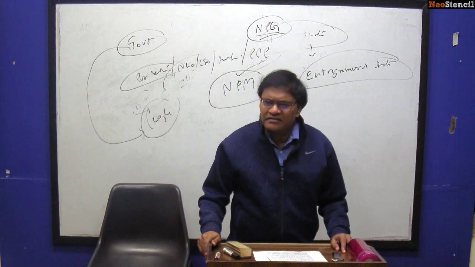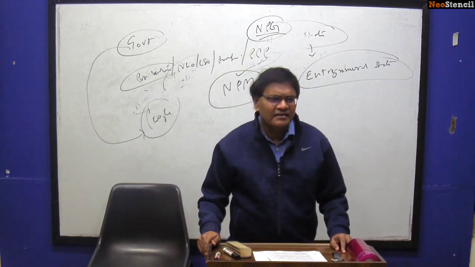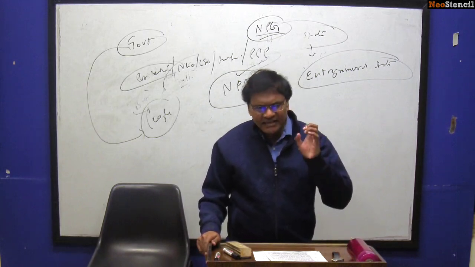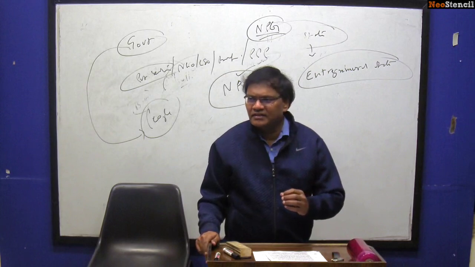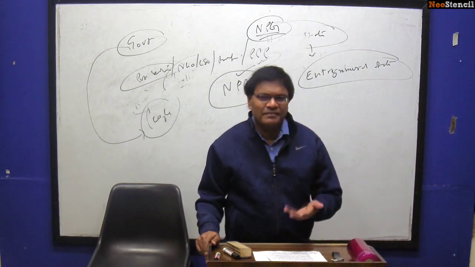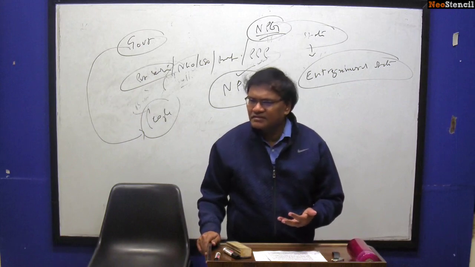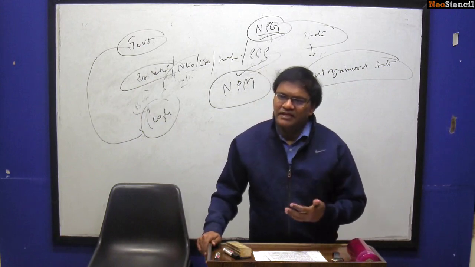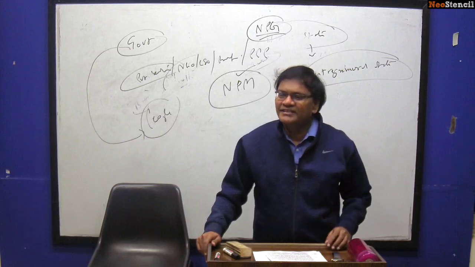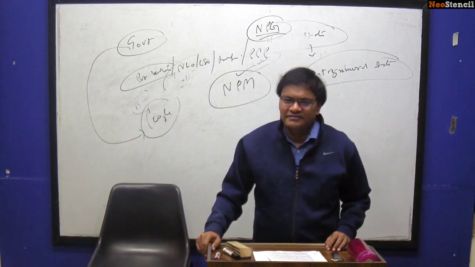Whatever may be the thinker, at the end of the day, what we say is, what exactly really motivates the people to work better for the organization? If the organization recognizes and rewards their performance. That is what we say.